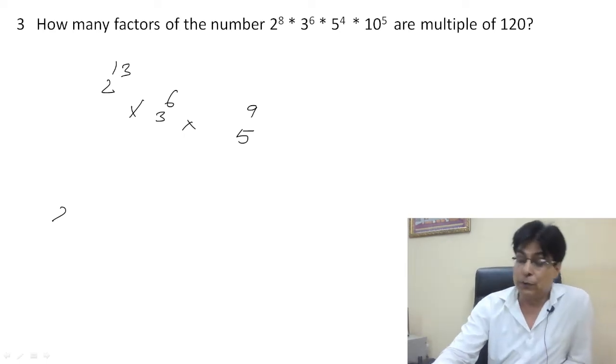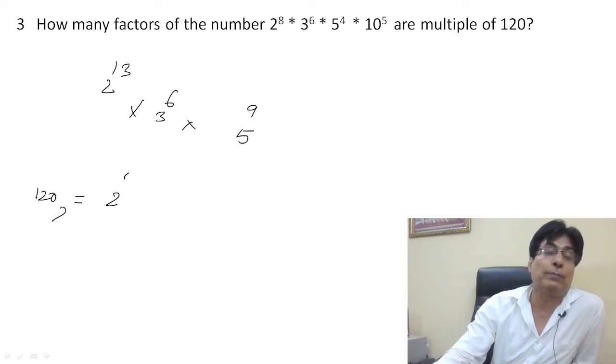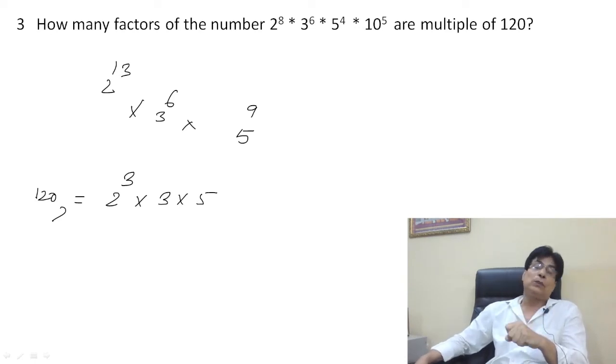Then you must prime factorize 120. 120 is equal to 2 to the power 3 into 3 into 5. The question says the multiples of 120.